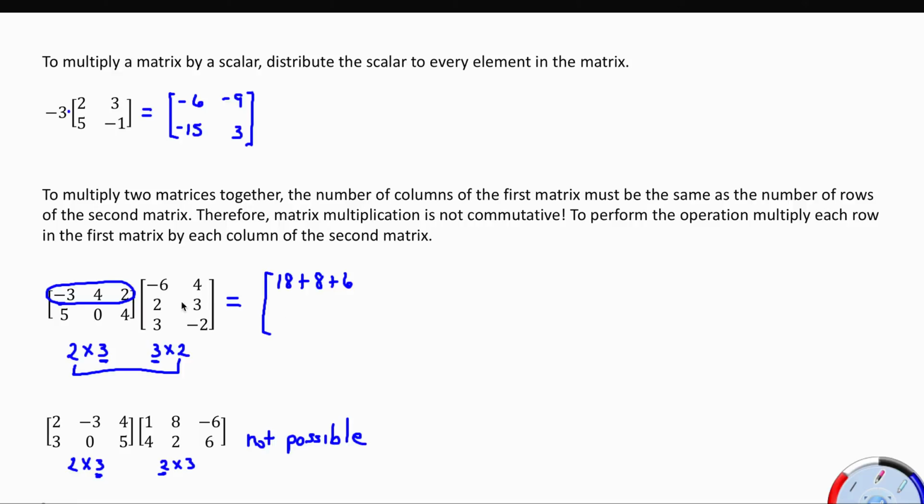Now I'm going to multiply the first row by the second column. And I'm going to put it in first row, second column. Negative 3 times 4, negative 12. Plus 4 times 3, 12. Plus 2 times negative 2, negative 4.